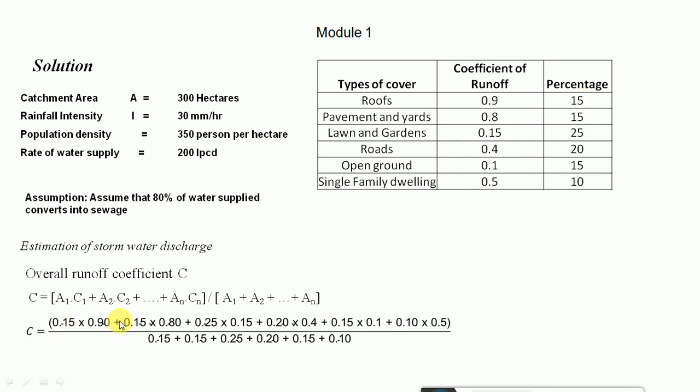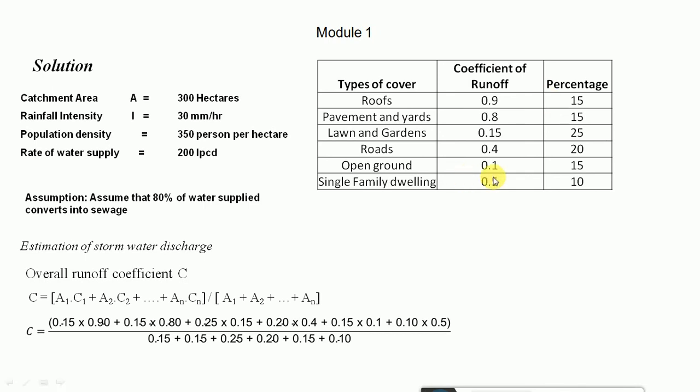Similarly, 0.15 is the percentage of pavement and roof yards, with coefficient of runoff 0.80, plus 0.25, the percentage area of lawns and gardens, with coefficient 0.15, plus 0.20, the percentage area of roads, multiplied by 0.4, the coefficient of runoff for the road surface, plus 0.15, the percentage of open ground, with coefficient 0.1, plus 0.10, the percentage of single family dwelling units, multiplied by 0.5.